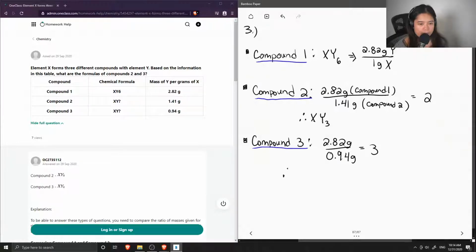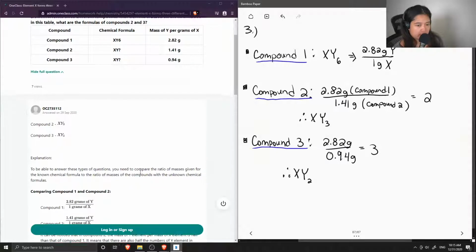So it also has less of element Y in compound 3. And if we divide Y6 by 3, you get 2. Okay, so therefore the formula for compound 2 is XY3, and the formula for compound 3 is XY2.